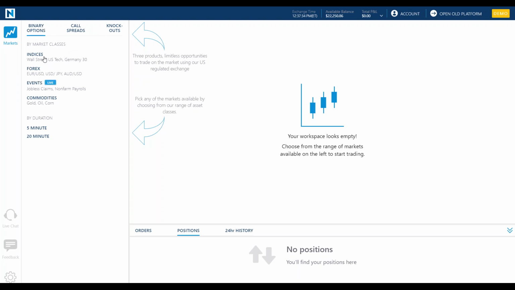You'll notice we don't have events in call spreads. Doesn't make any sense to have events in call spreads. If you're not familiar with our events contracts, they're all binary contracts. Then you'll also notice there's a positions panel at the bottom and your workspace in the center.